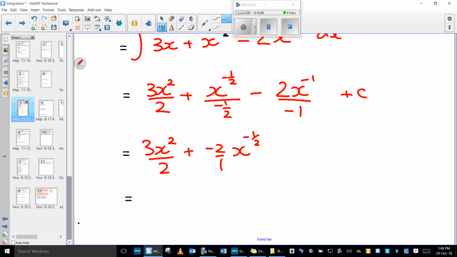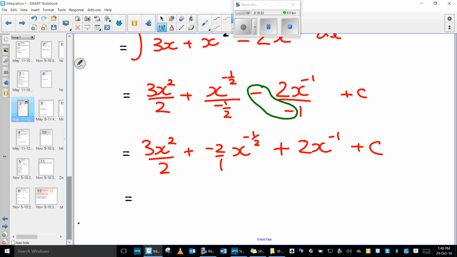Okay? And here we've got take away 2 divided by negative 1. What's going to happen here? Negative 2. And so you're going to have plus 2x, because these two negatives, I see. Got it.